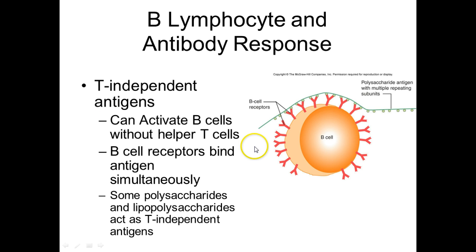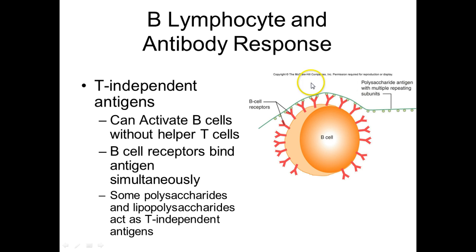And that's because, as we saw in those other animations, it's able to interact with a lot of the antibodies. And these are nice Ys, right? Nice, beautiful Ys with 2 antigen binding sites on their surface. So an example is lipopolysaccharides. It's kind of repetitive, so lots of epitopes of that molecule are repeated, and therefore it's able to interact with a lot of the antibodies on the surface.